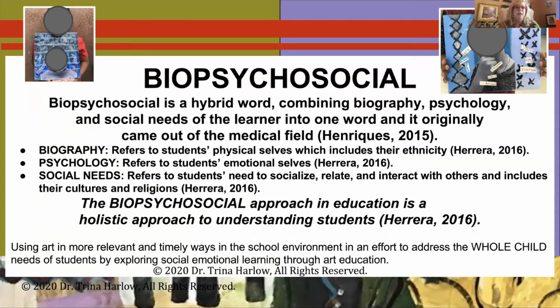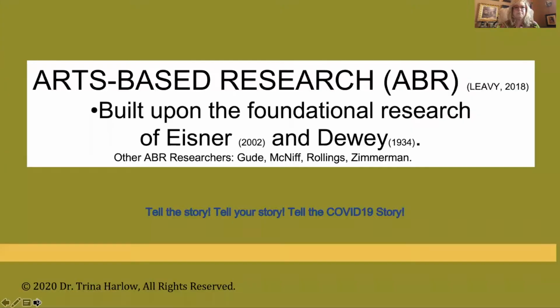Psychology refers to their emotional selves. And social needs refers to their needs for socialization and relating and interacting with others, and it includes their cultures and religions. It's based on Eisner and Dewey, and it's arts-based research.